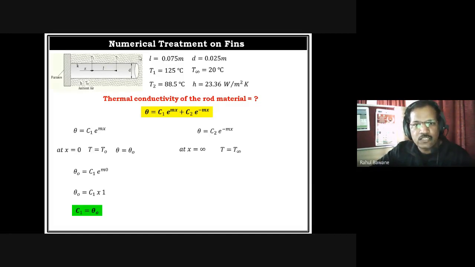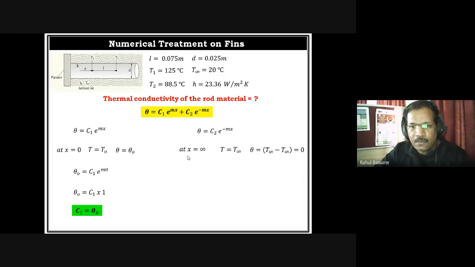So the surrounding fluid temperature will be the temperature of that infinitely long fin tip. The temperature remains the same, so T will be T infinity. Theta is T minus T infinity, so if T becomes T infinity, it is T infinity minus T infinity. So theta will be 0.